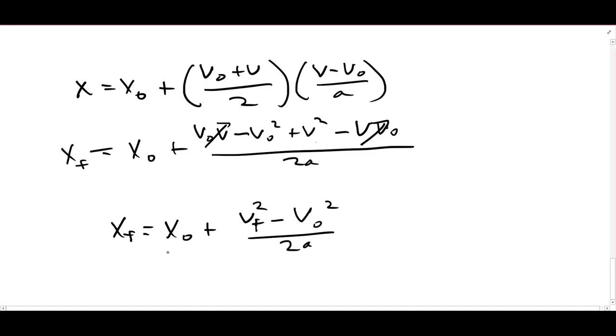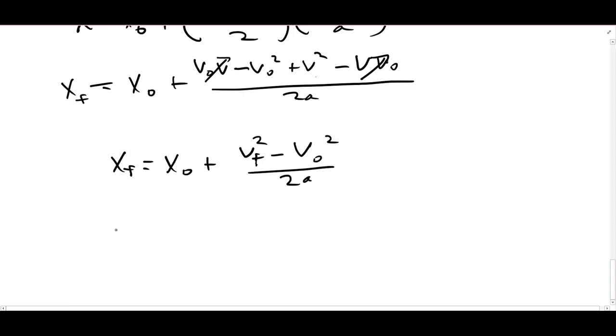Okay. And you may see this in a different form. Most famously, it's typically written if you multiply the 2a over. So first off, actually, let's do this. x final minus x initial equals (v final squared minus v initial squared) over 2a.